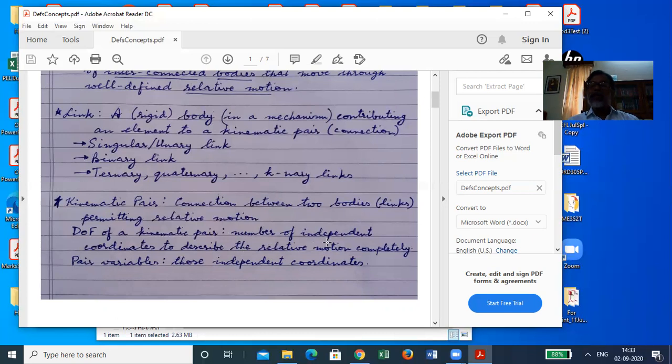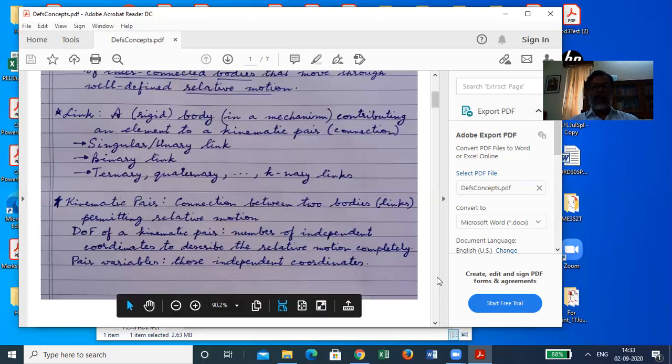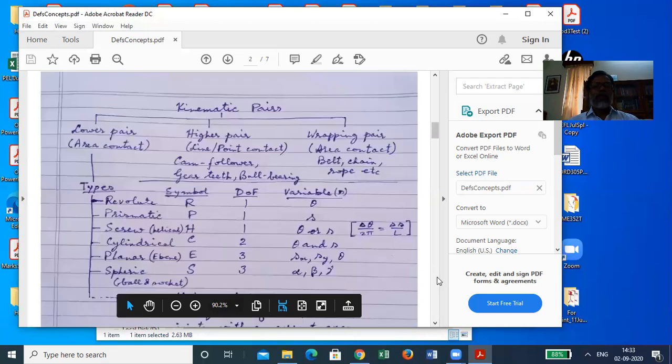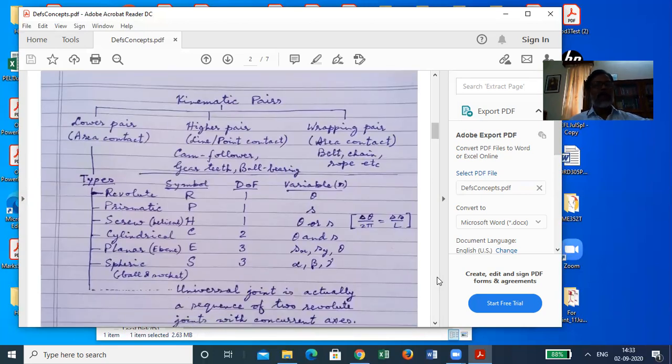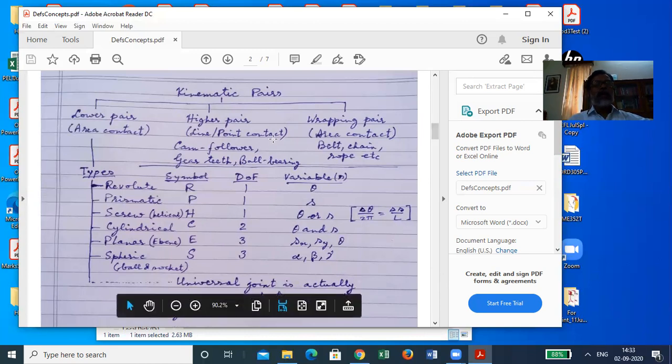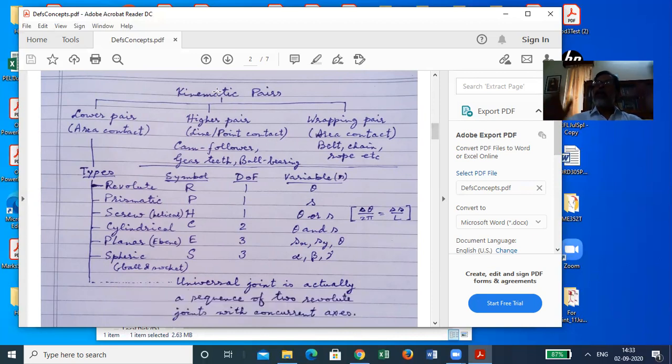So what kind of situations may arise? May arise in the sense which are used in engineering. So you have a little classification. To begin with, people have thought of classifying kinematic pairs between lower and higher.